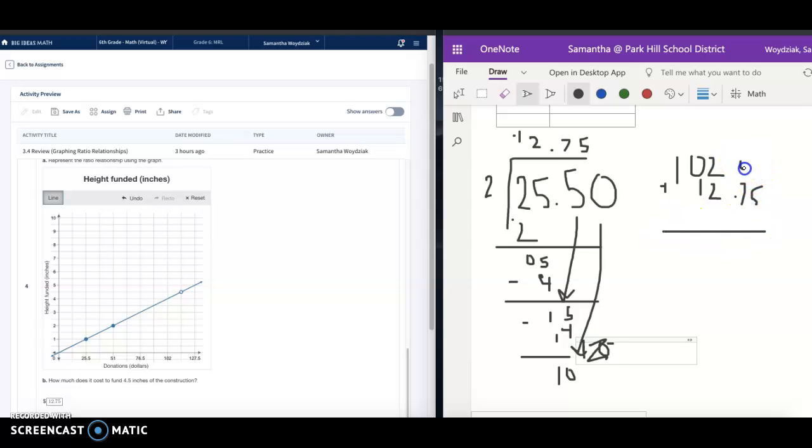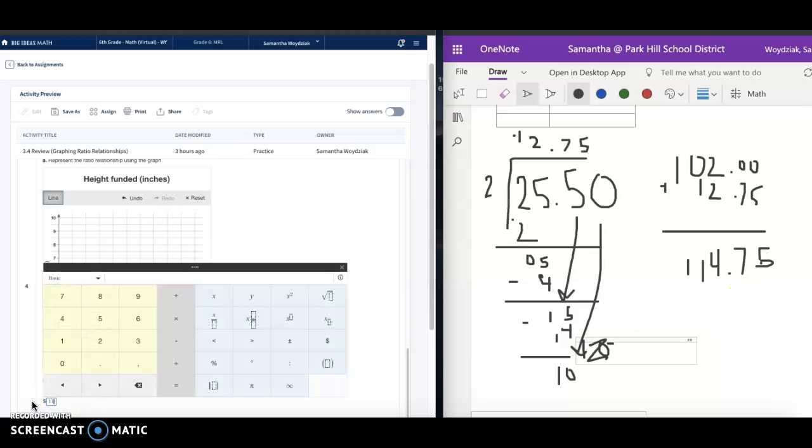So we're using some skills that we've worked on over the past month or so. And when I add those together, I'm going to end up with 114 and 75 hundredths. So down here, this is going to be 114 and 75 hundredths.